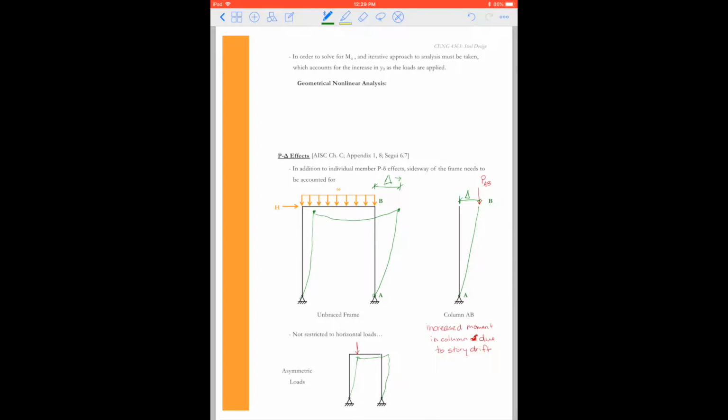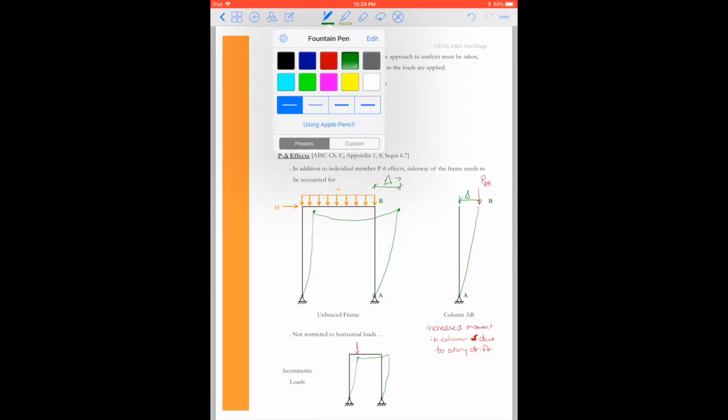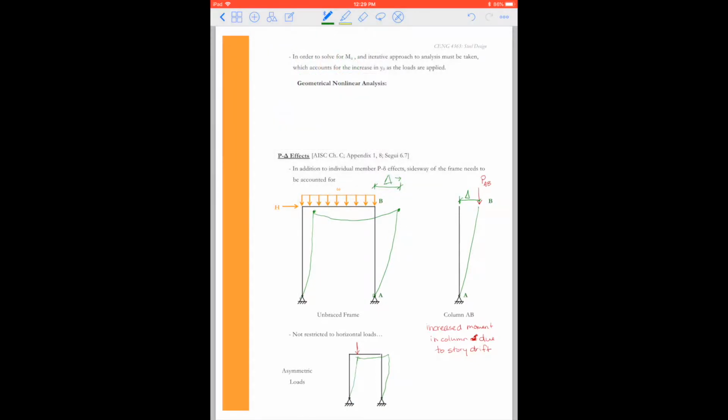All right, so how do we capture these P delta effects? Well, we can capture them by performing what we call a nonlinear analysis. So basically, in order to solve for M sub u in total, we should run what we call a second order analysis.